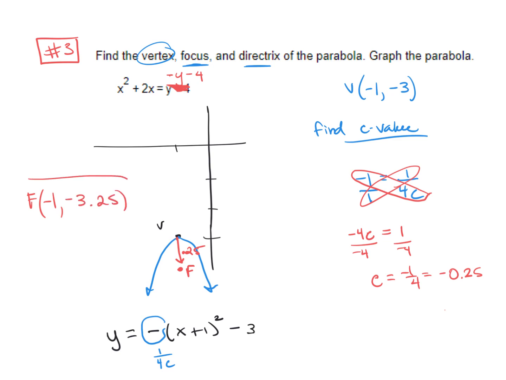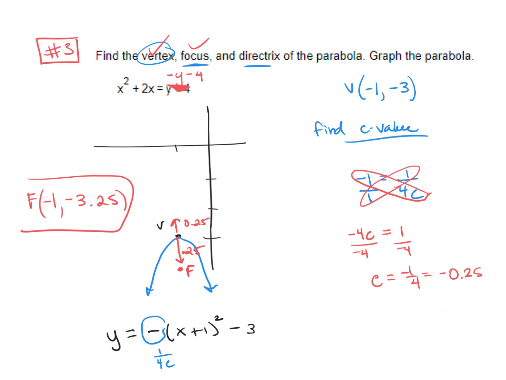All right, we got our vertex, we got our focus. Now the directrix. Remember, your parabolas have the vertex centered between your focus and your directrix. So if my focus was 0.25 units below, because I'm opening down, that means the directrix must be 0.25 units above.